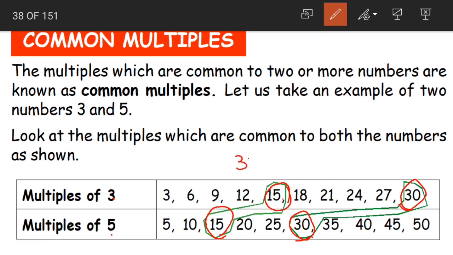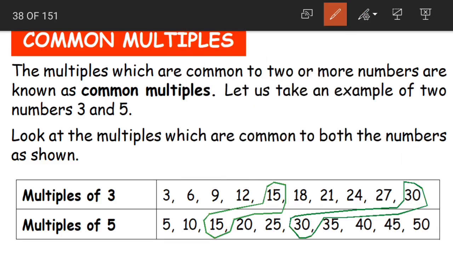See, we have 3 fives are 15. Yes or no? So 15 becomes the common multiple to both 3 and 5. Okay, now when we multiply it with 2, 15 twos are 30. So 30 becomes a common multiple to 3 and 5 as well.